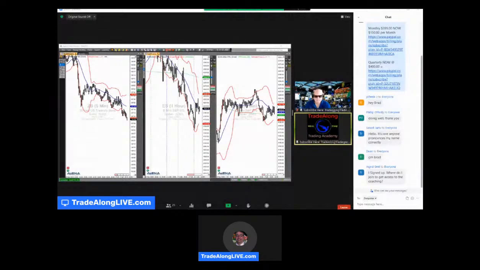Support below at 41.95, 86, 74, 63, and 55.